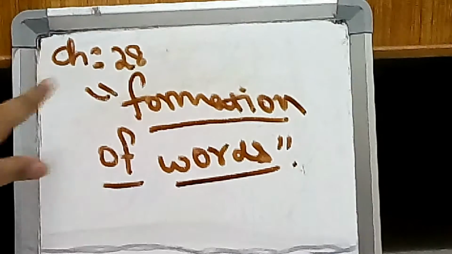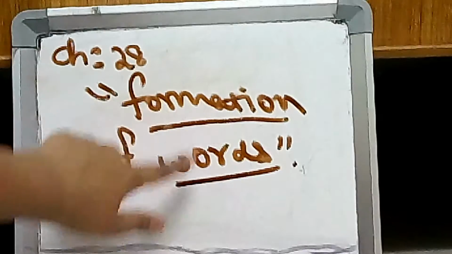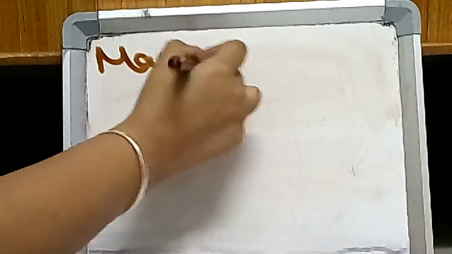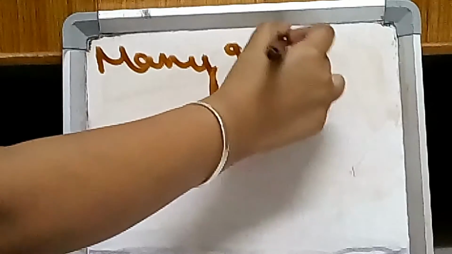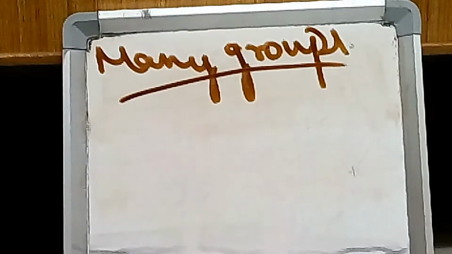Today we're going to see the 28th chapter, which is formation of words. So let's get started. We have many groups in which we can classify how the words are formed.